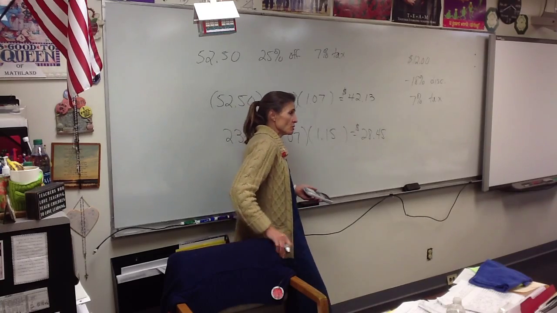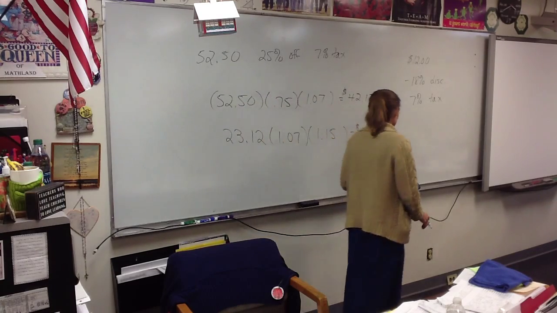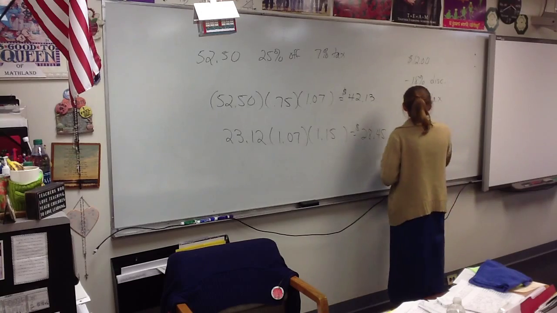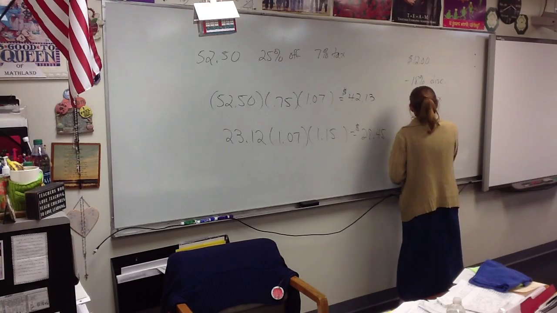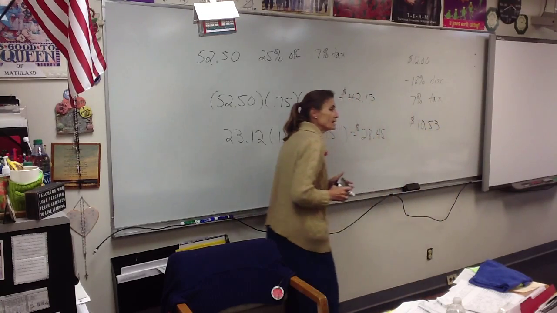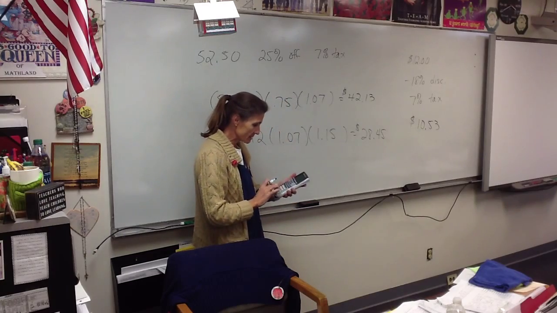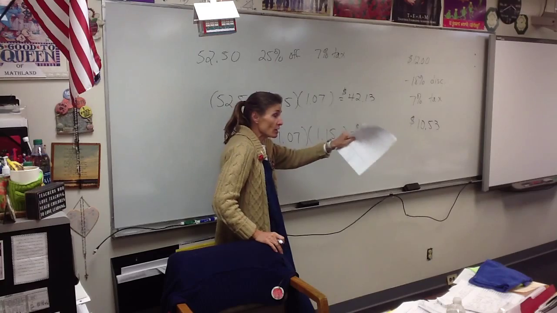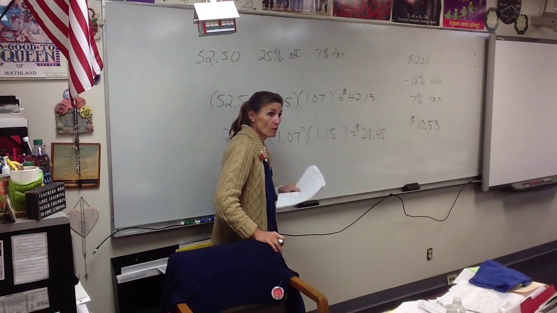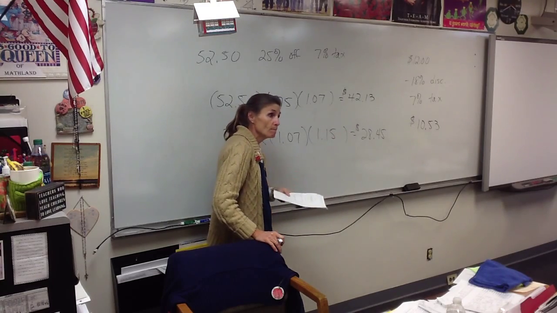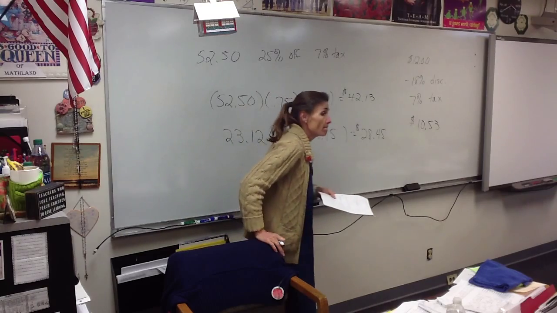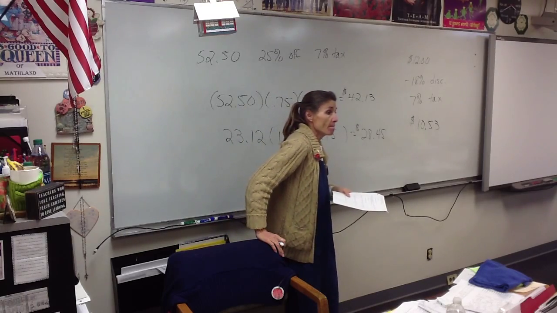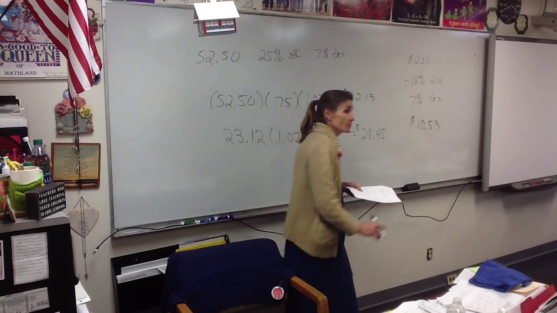What'd you come up with, Ash? $10.52. I would say 53 cents. So they're going to charge you $10.53. Now, does anybody have a question about that? Because it could happen. You could walk in here tomorrow and I could ask you this question. When I did it, mine added instead of going down.